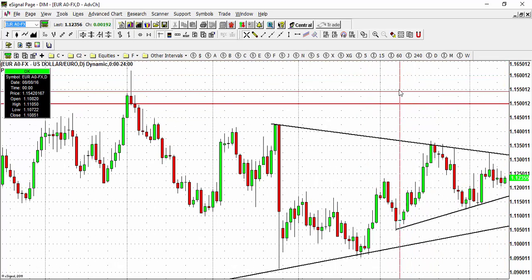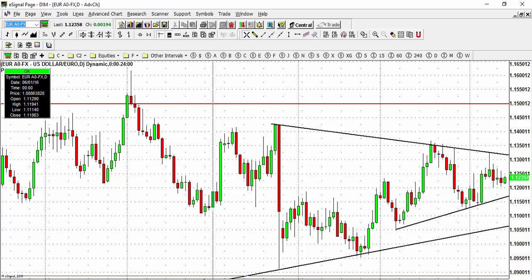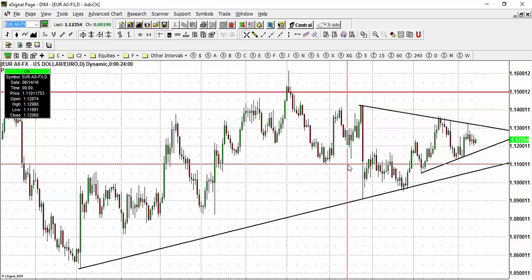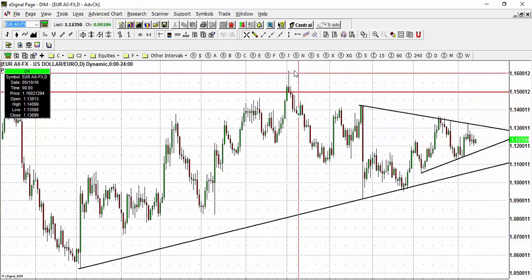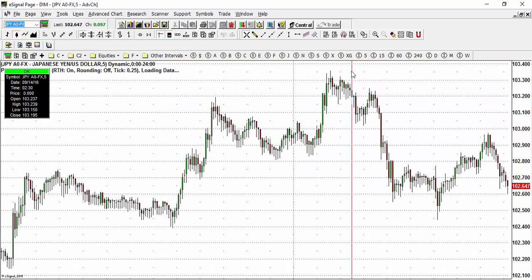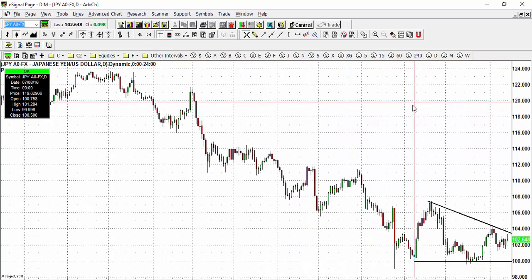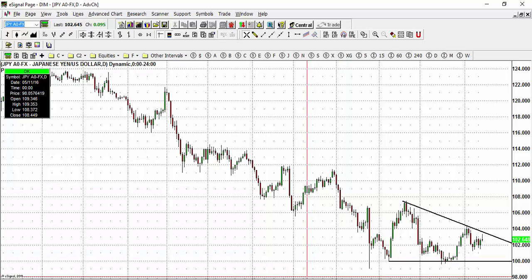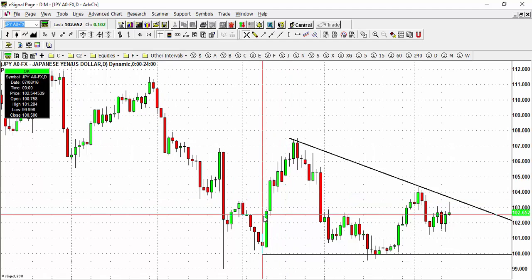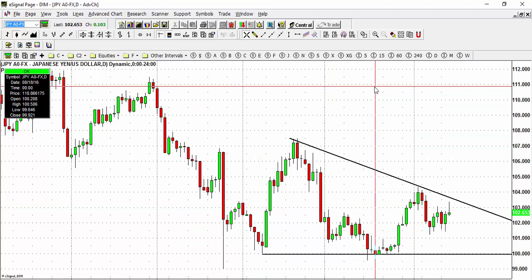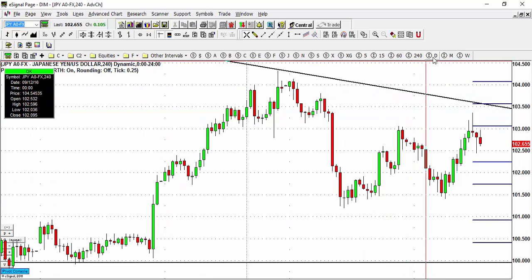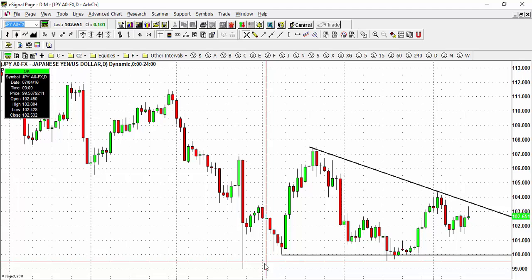The euro over the last couple of trading days has been very resilient, and what we want to see for the US dollar bulls is a breakdown in this market. Another triangle we are paying attention to is the one in the US dollar versus the Canadian dollar. US dollar versus the Japanese yen, we're in a downtrend in this market, and the market attempted to rally this morning and is coming back slightly.